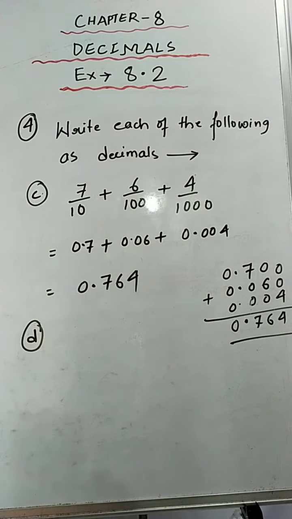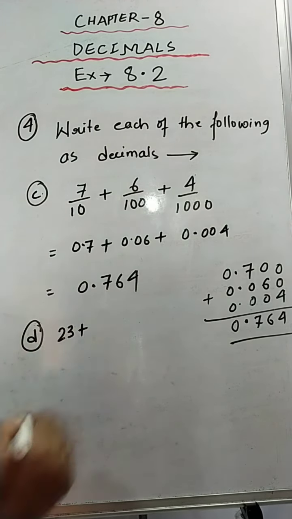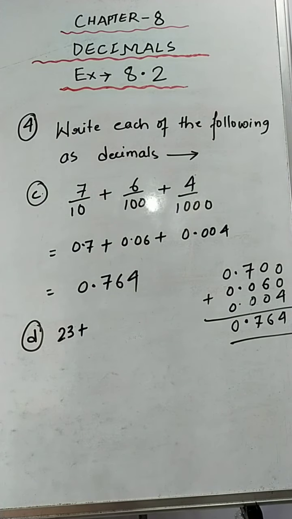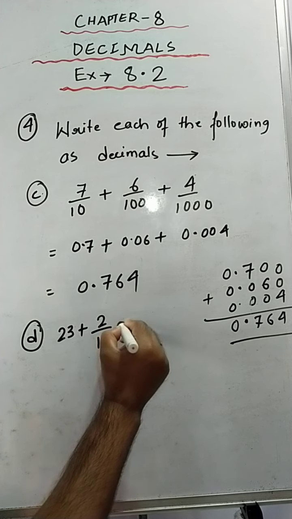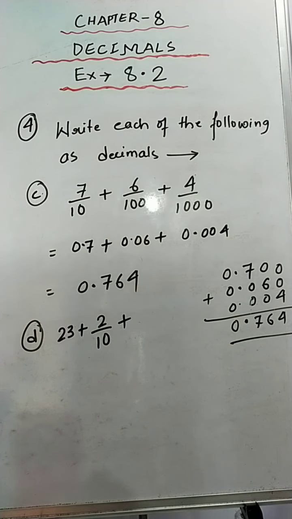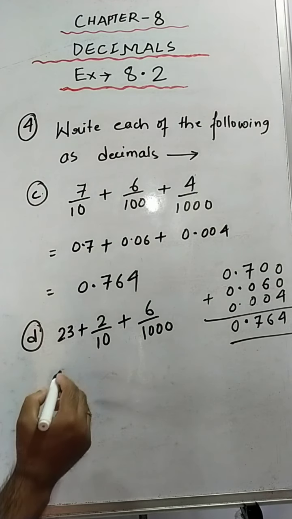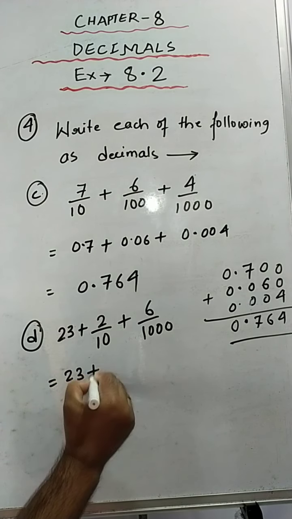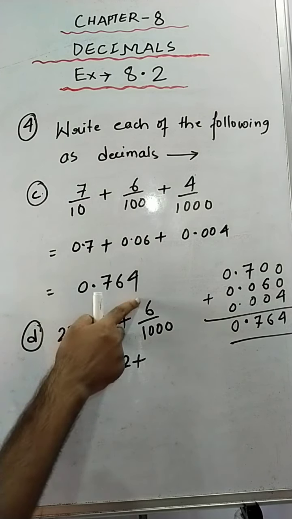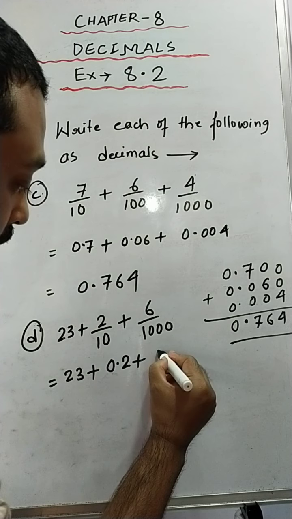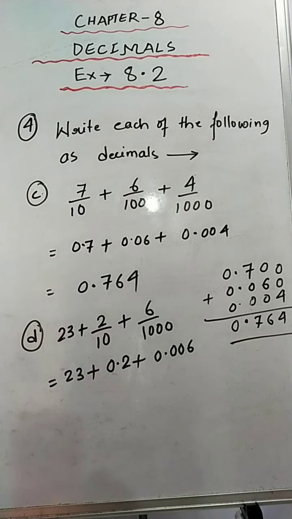Okay. Now let's do sum number D. What is given in sum number D? 23 plus 2 by 10 plus 6 by 1000. Now what do we have to do? 2 by 10 can be written as 0.2 and 6 by 1000 can be written as 0.006, isn't it?